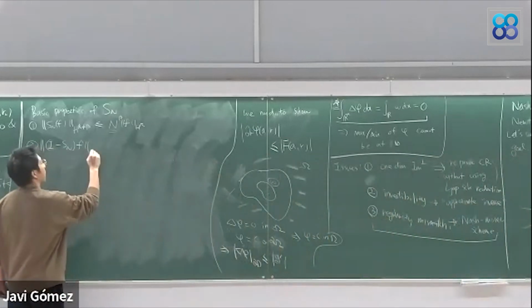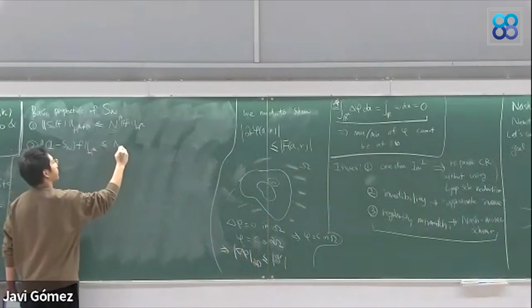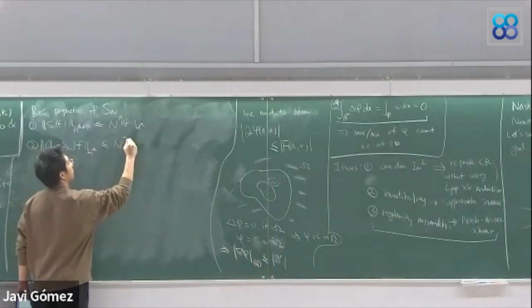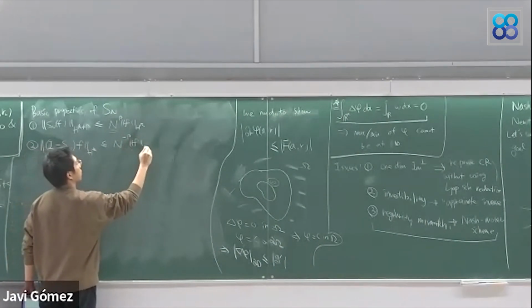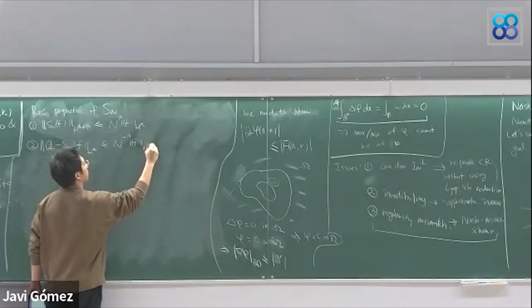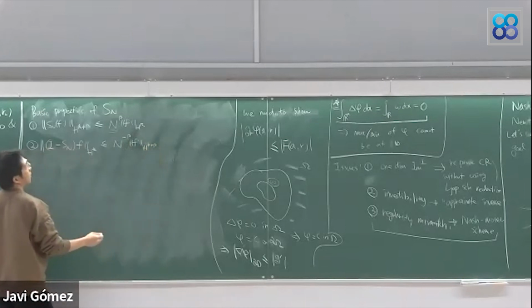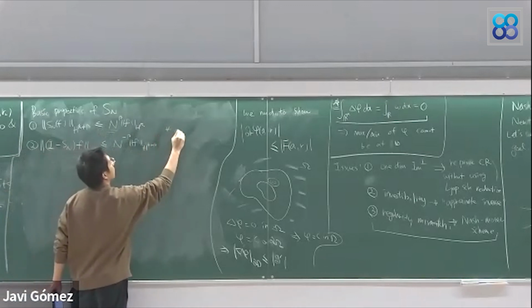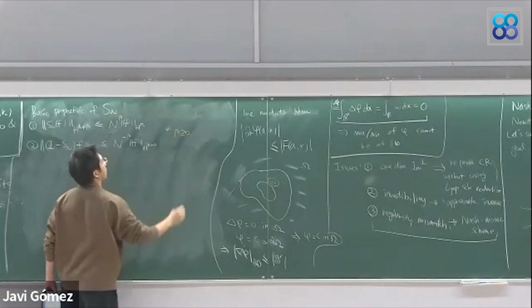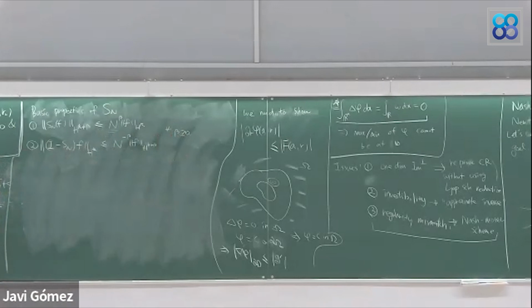And when you look at the H^q norm, it can be bounded by N to the negative beta this time times the norm. Any questions so far?